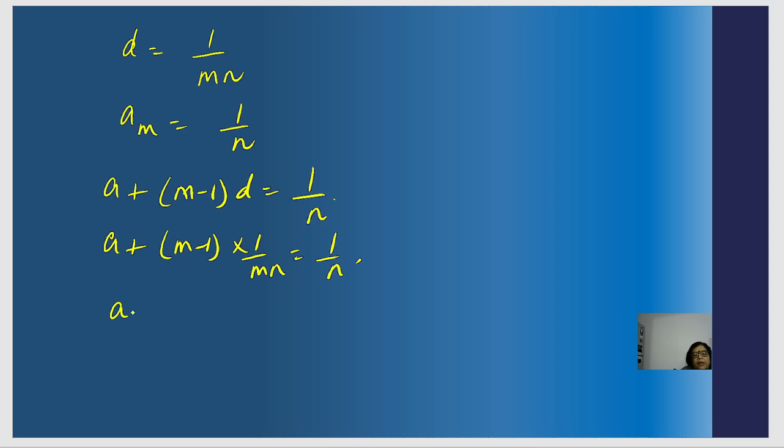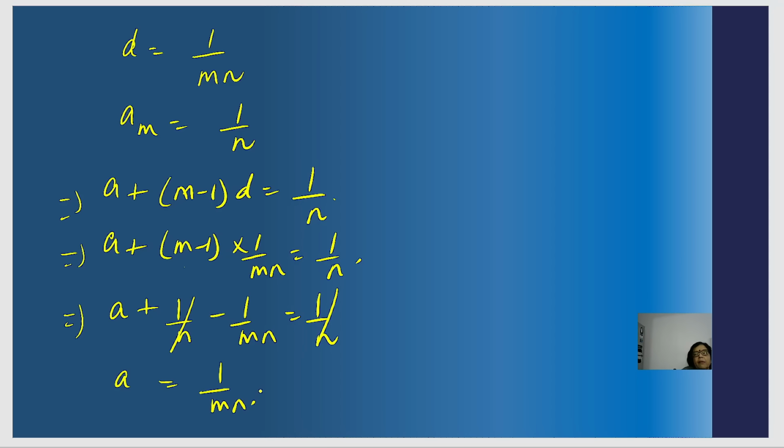If we simplify this further, we'll get A plus m by mn minus 1 by mn is equal to 1 by n. So 1 by n and 1 by n get cancelled, and if we shift minus 1 by mn to the right hand side, we get A is equal to 1 by mn.